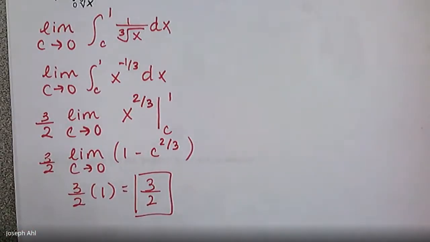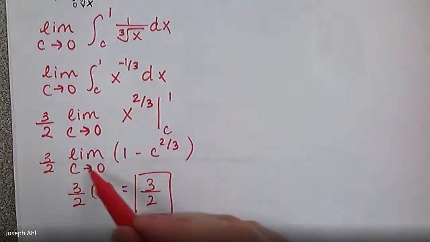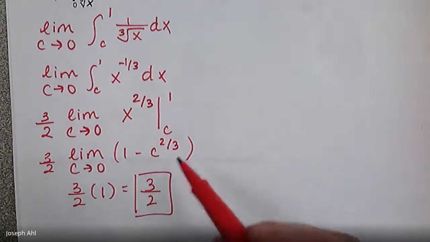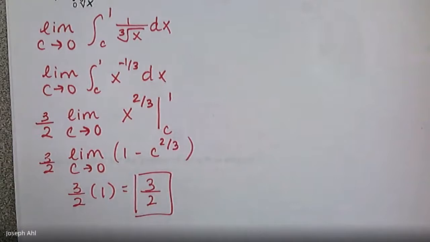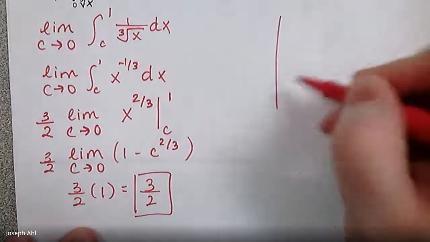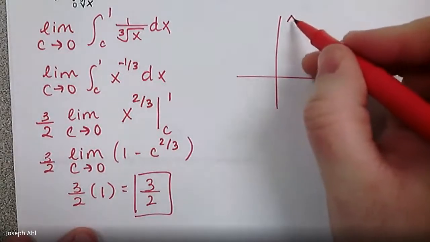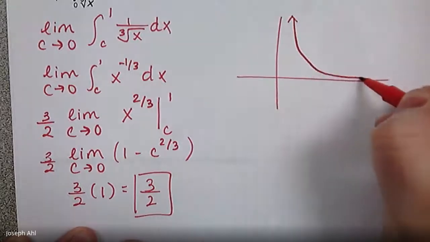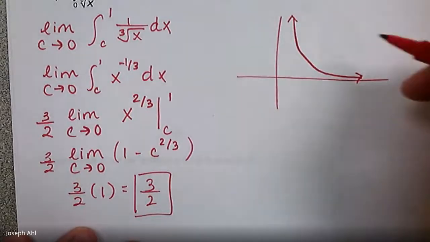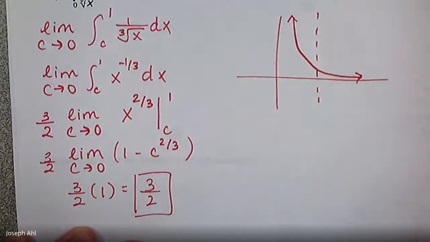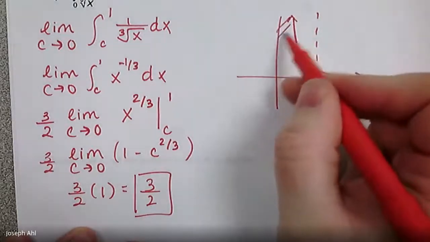So everything's nice and simple when I can plug in that value of c, get the limit to exist, and then in the end determine that, yes, we have a finite area here, which is a little bit weird, because let's think about what this is conceptually. 1 over cube root x from 0 to 1 is going to look like something over this interval where, let's say, here's x equals 1. We're finding this area.